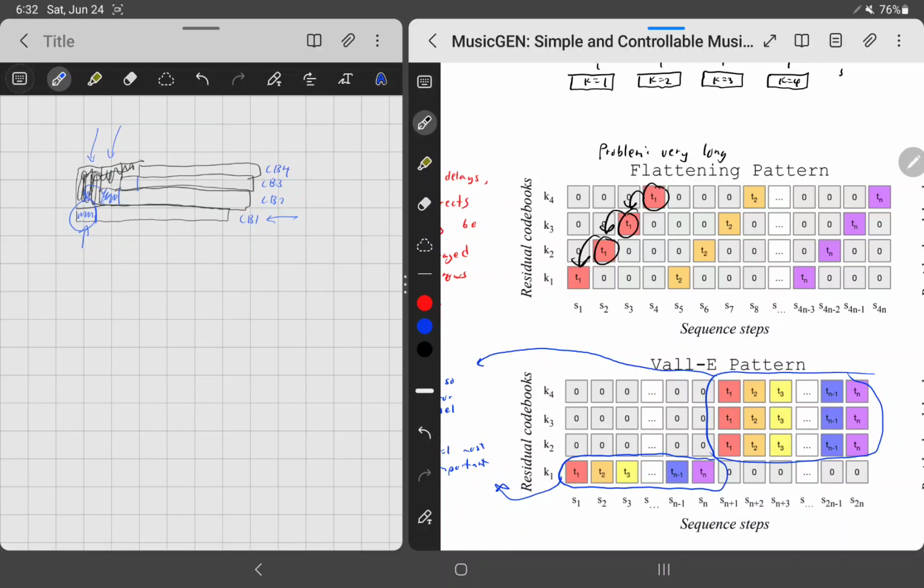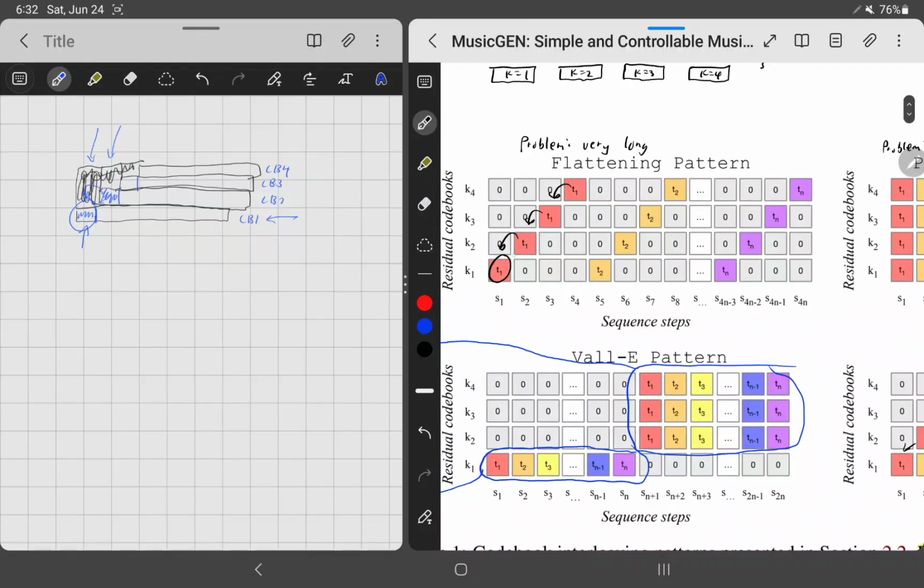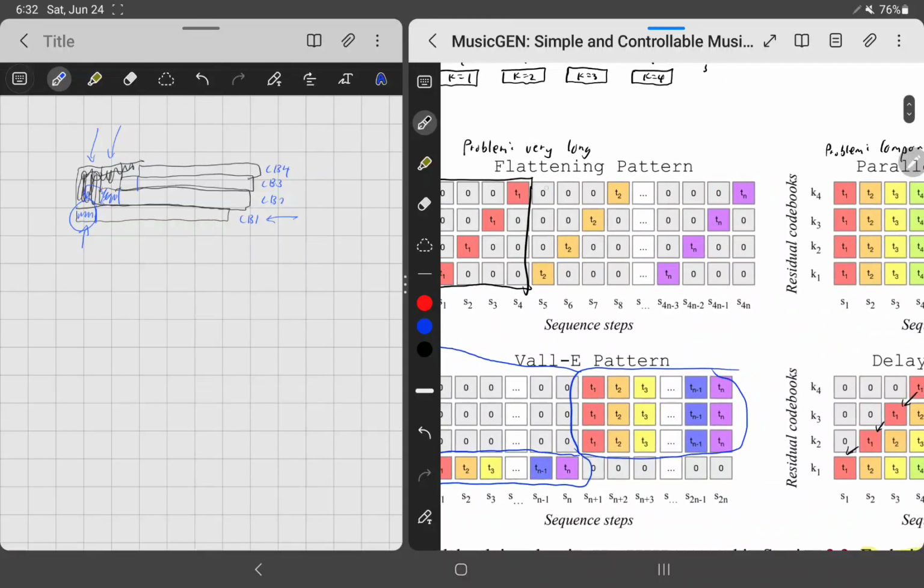So now we have a single token in our encoder representation of the audio. So this first token is generated, this models the error of that token, and this models the error of that part of the token. And if you do it this way, then the first 4 steps just model the first token, and the next 4 steps just model the second token in the sequence, and so on.